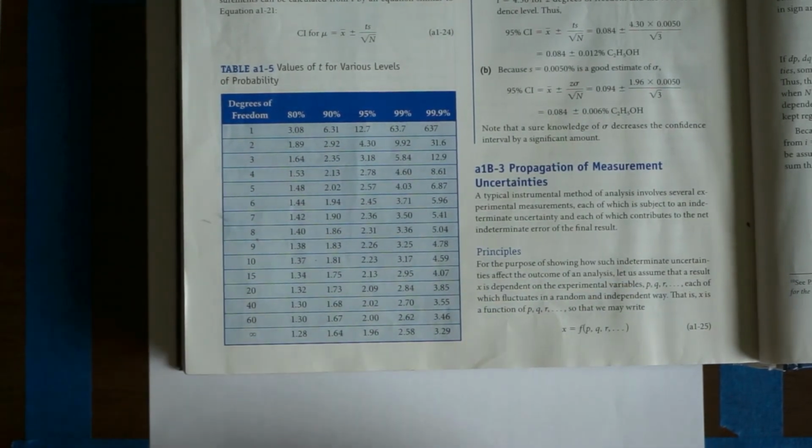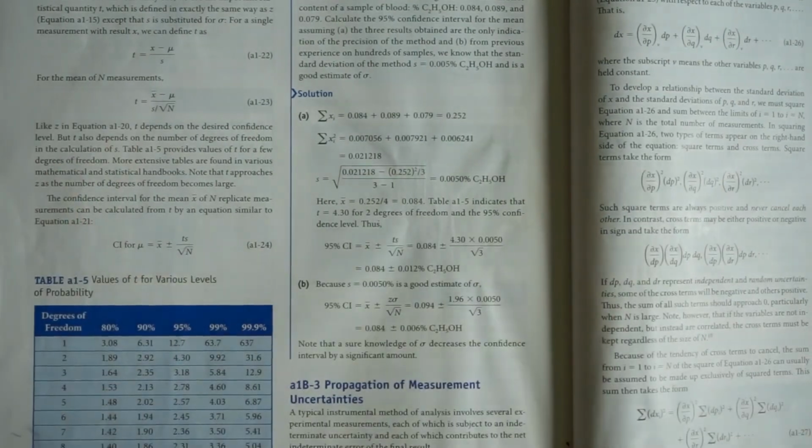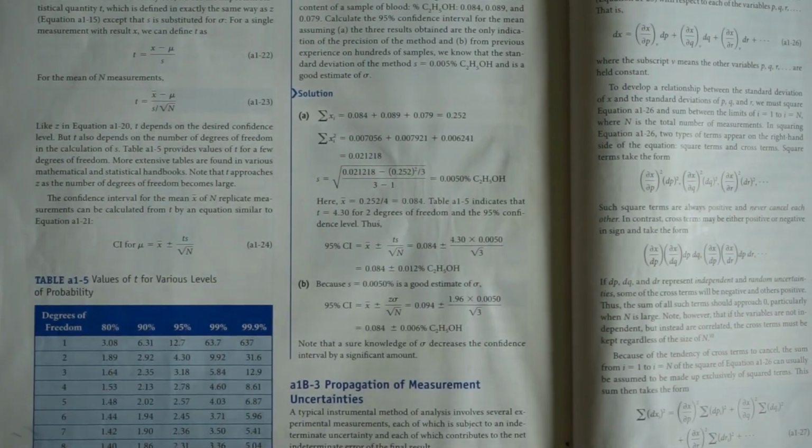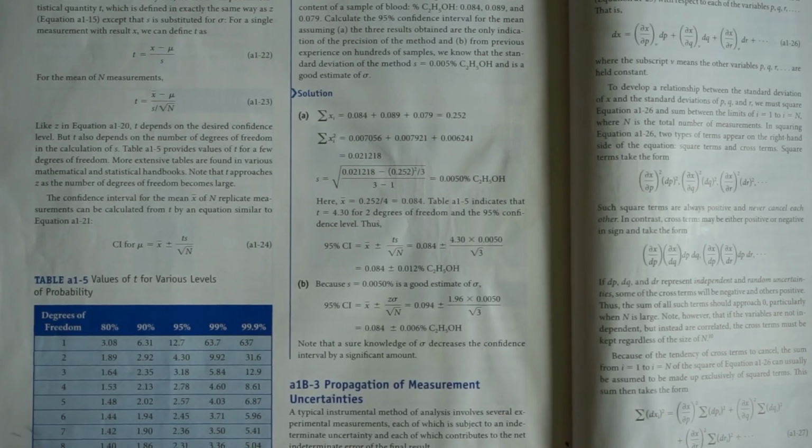So if this is all really confusing, I would recommend that you take a stab at this example problem. The solution is here, and I think once you've done it once, it will make a lot more sense, but it is identical to calculating confidence intervals using z. It's just that you have to use a slightly different table, and you have to think about how many measurements you made, as opposed to z, where you assume that you know what sigma is.